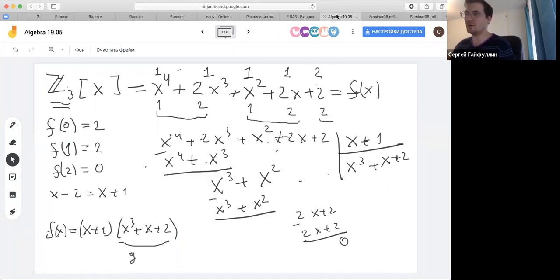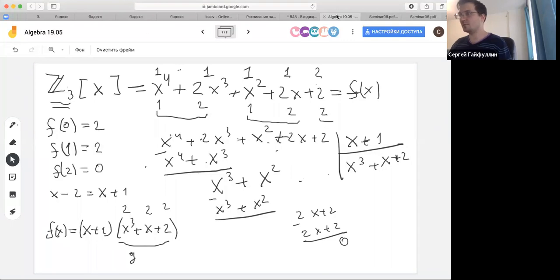So 0 and 1 are not roots of G. And the only possibility is that 2 is the root of G. Let us compute. 2 in the third is 8. 8 is equal to 2 modulo 3. Here is 2 plus 2 plus 2. This is 0. So 2 is the root of G, and we divide one more time.